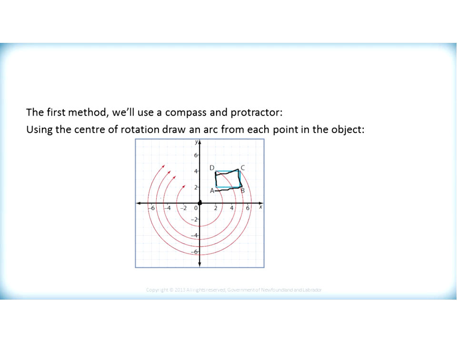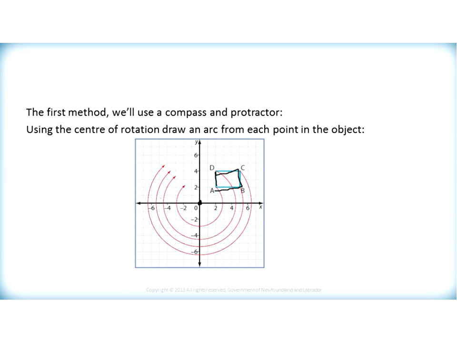Next, while holding the center of your tracing paper in place on the origin, we're going to rotate our object using our protractor the correct amount of degrees. So we're going to rotate until we get to, in this case, 90 degrees.